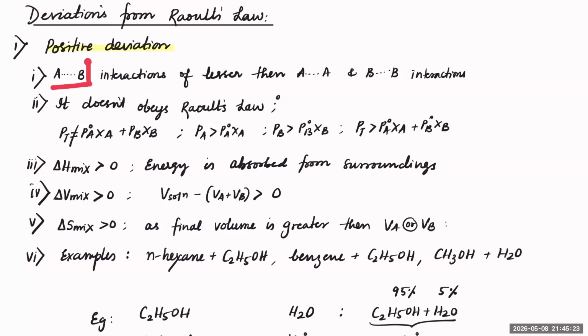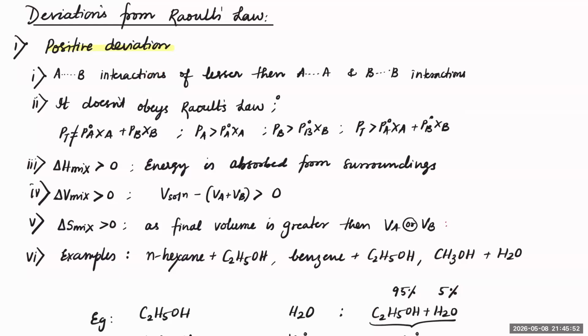In case the AB interactions are lesser compared to the individual AA interactions and BB interactions, that means the attraction between the solute and solvent particles is weaker. When you have only solute or only solvent, the attractions are stronger, but now the attractions are weaker. Then we say there is a positive deviation.